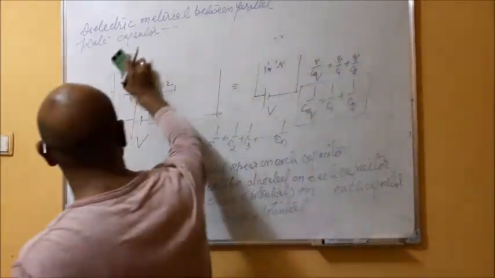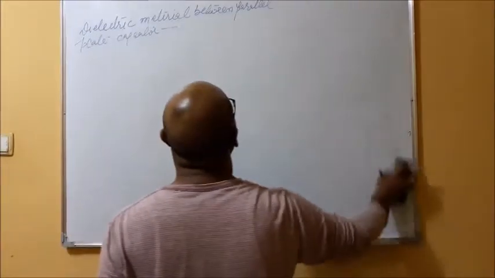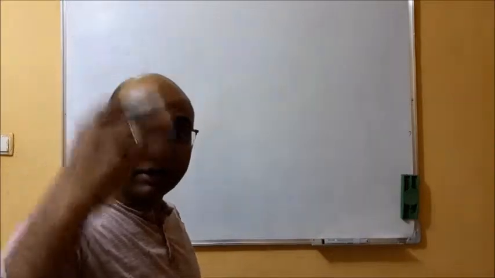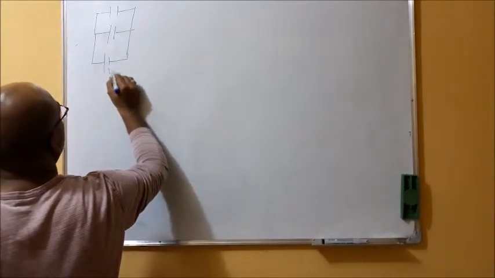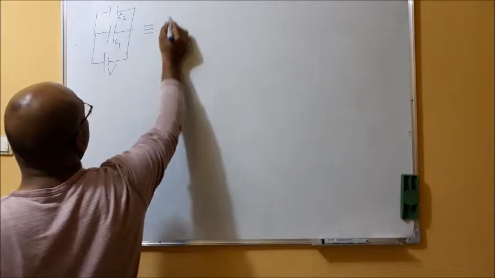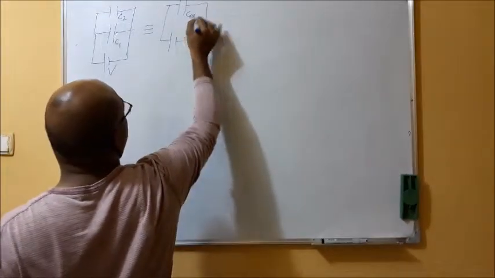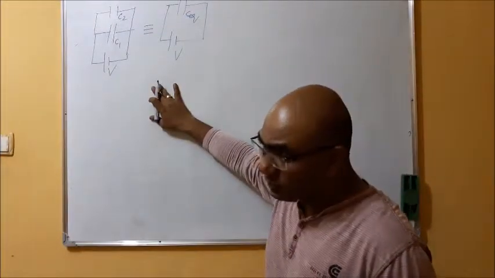So again, if we have a number of capacitors connected in parallel, let us start with two capacitors C1, C2 connected with this voltage source V, and this is equivalent to a structure where we have the equivalent capacitance C, which is connected with this voltage source V.